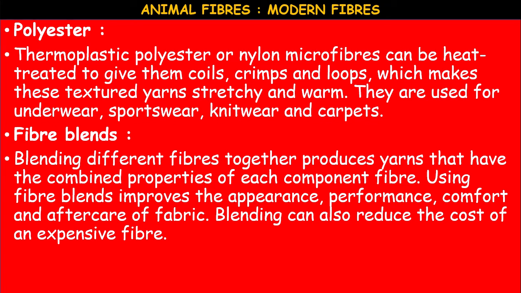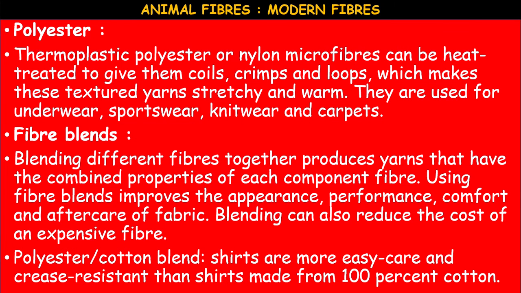Blending can also reduce the cost of an expensive fiber. A polyester cotton blend makes shirts that are easier to care for and more crease resistant than shirts made from 100% cotton.